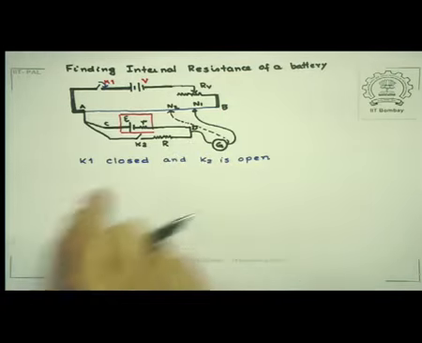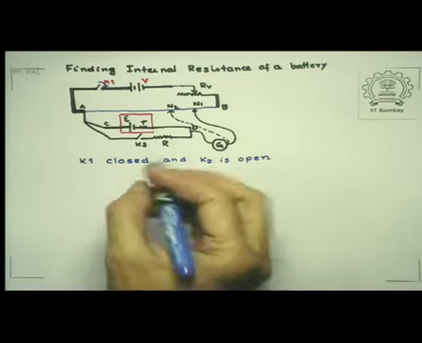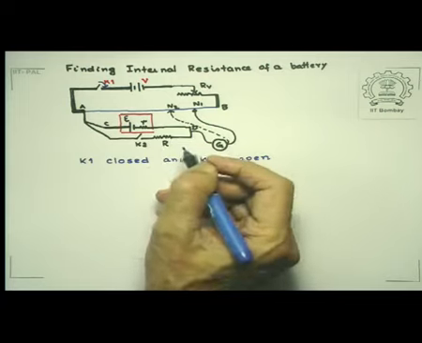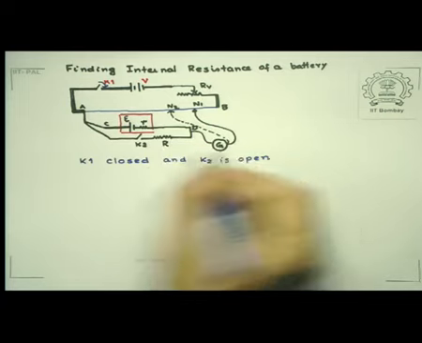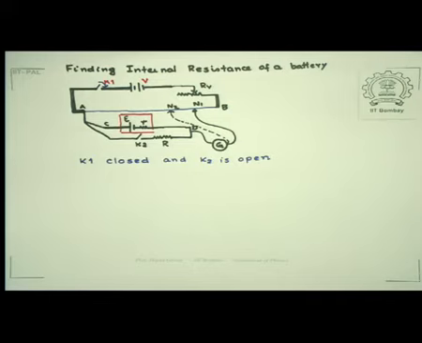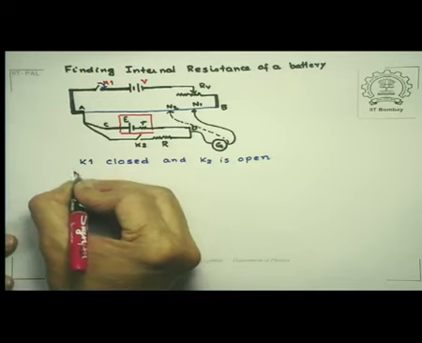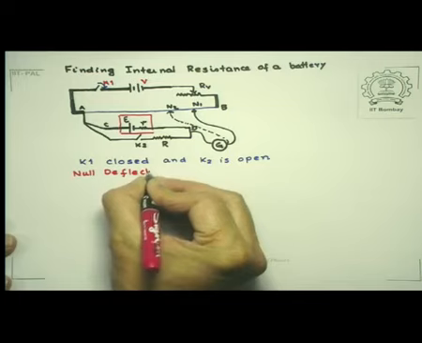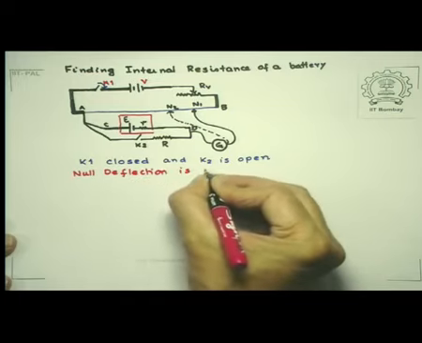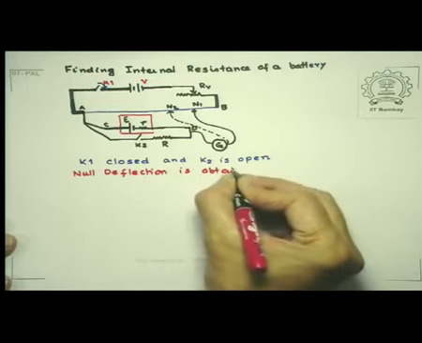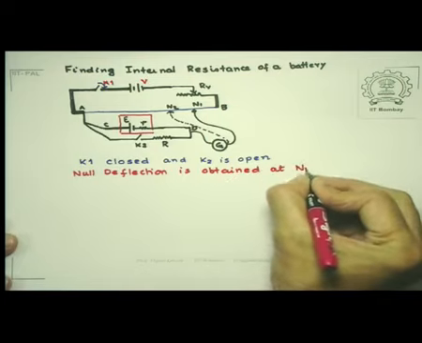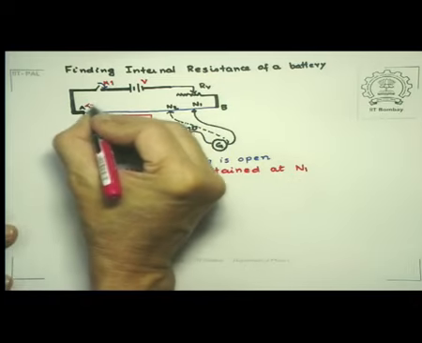Repeat, when K2 is open, there is no current in this part of the circuit, and if we adjust the sliding wire's position so that null deflection is obtained, let's say it is obtained at a distance L1 from A. So this distance is L1.